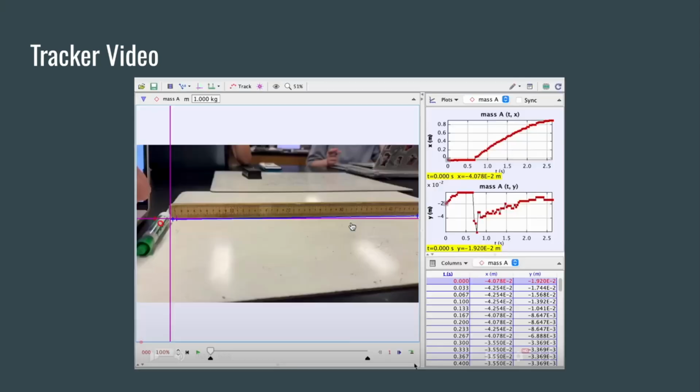So here's the video of the tracker software that we use to help us graph our data.